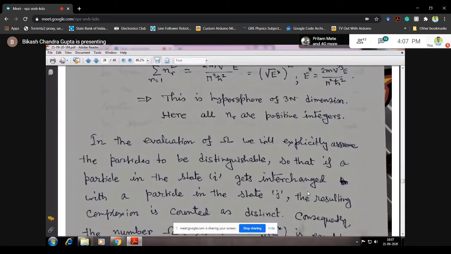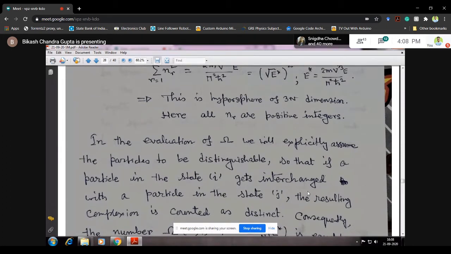In that sphere, if you divide the sphere into cubicles where each cubicle has a side length of unity, then every corner of these cubes, if you fill the entire sphere with cubicles of unit side length, is a junction. Each of those corners will correspond to a set of three integers n1, n2, and n3, and therefore each corner point will correspond to a solution with some energy E. Not all, because a cube of half length will not give you a solution.